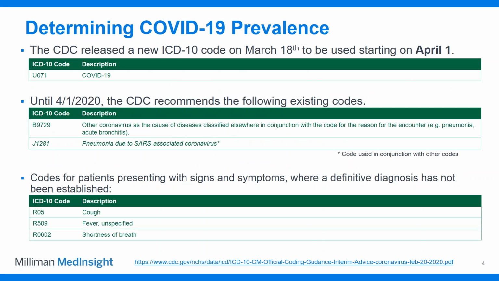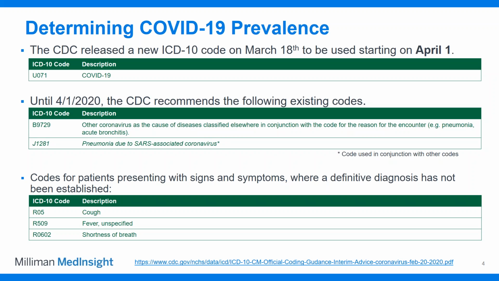So this is a quick recap. You've seen this information before. So there's your U071 code, Norm, that you were mentioning is the new one that is not actually to be used until April 1. But then the CDC does recommend those two codes in the middle. The one that Mary Jo was talking about, B97.29, so that other coronavirus.